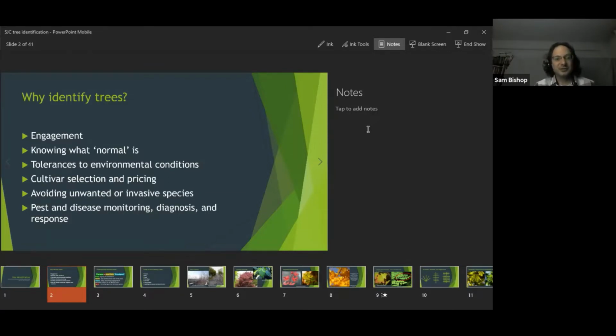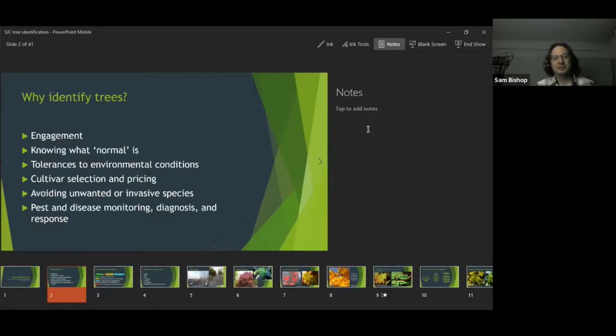Also, next on the tree care side, knowing what normal is for a particular tree. So how do we know if something's not healthy? Well, we look for it to be not normal. But if you don't know what normal is, how do you know what not normal is? So it's important that we be able to identify trees so we know for that particular tree what normal looks like.